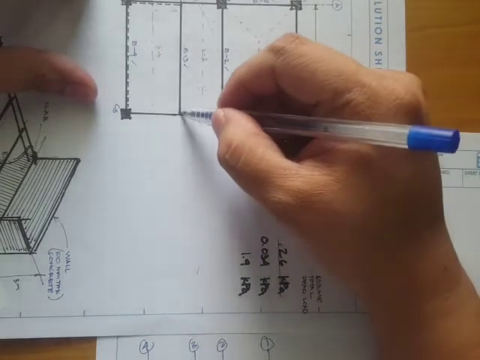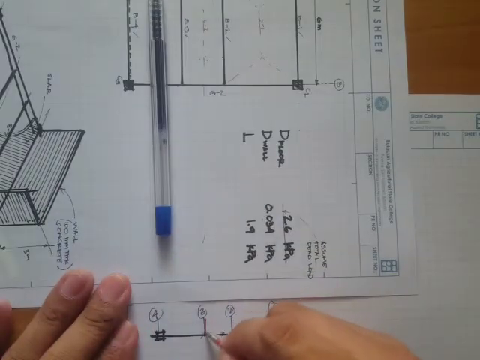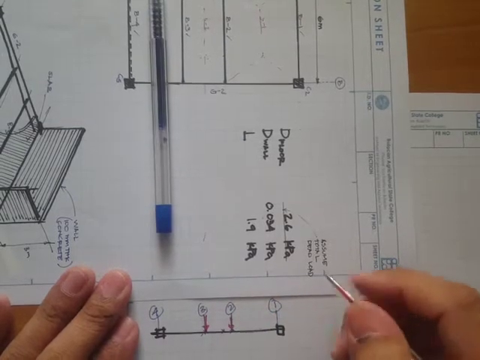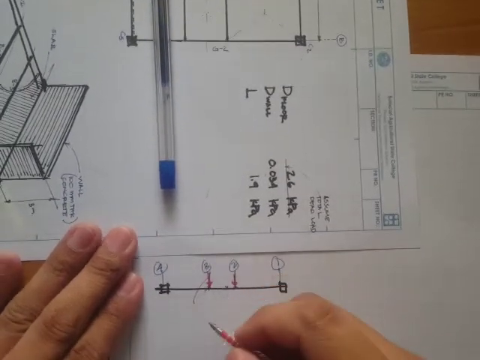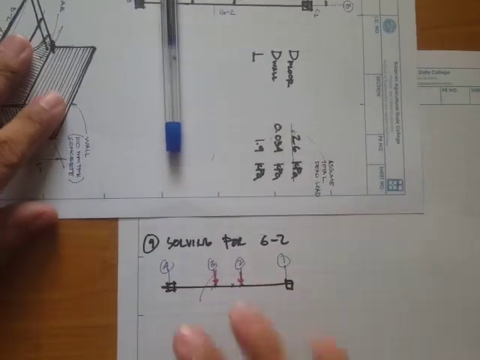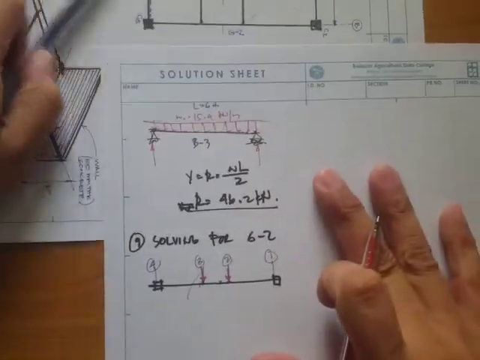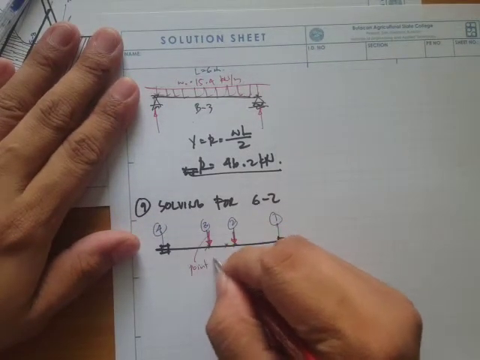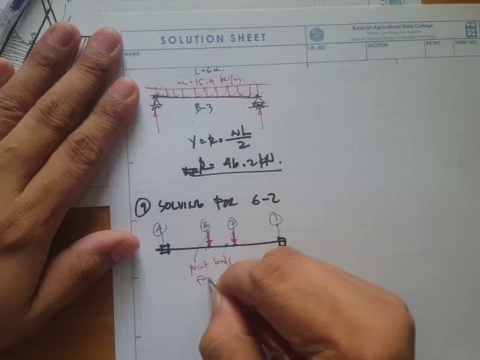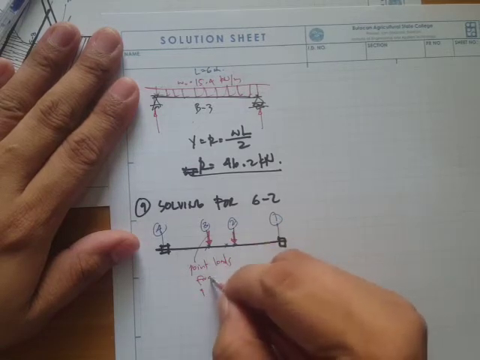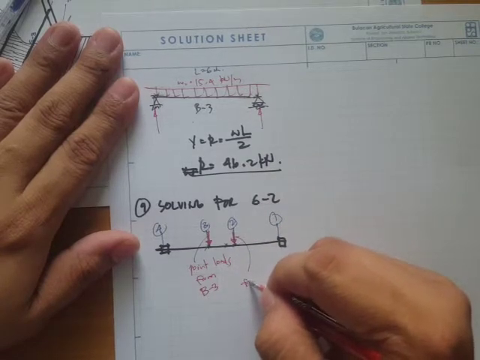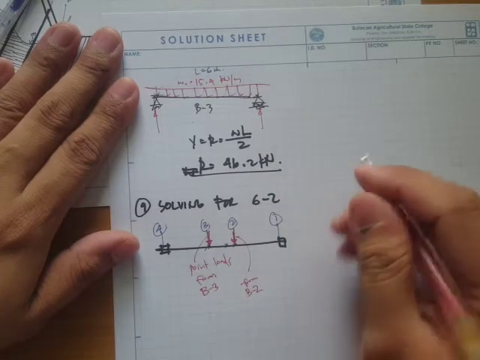So at point 3 and at point 2, there are going to be point loads here. Let's write point loads from B-3, and this one from B-2.